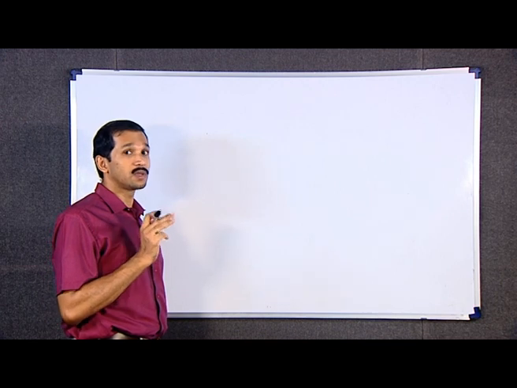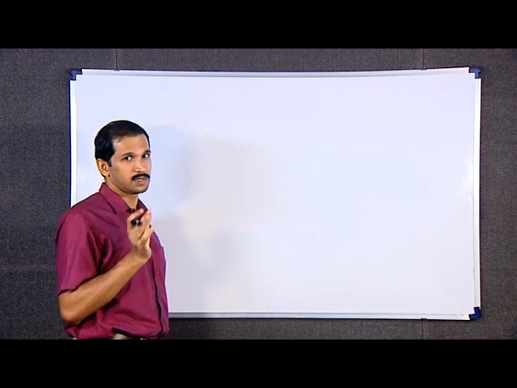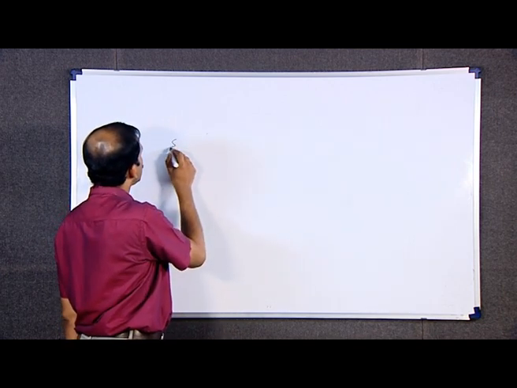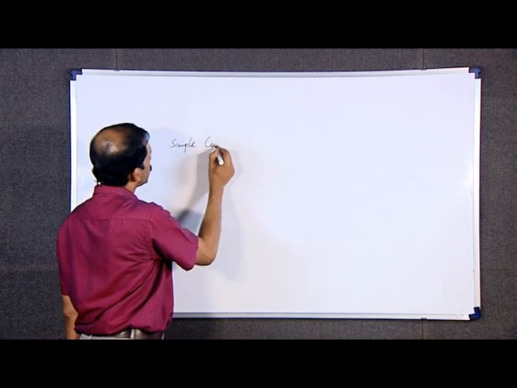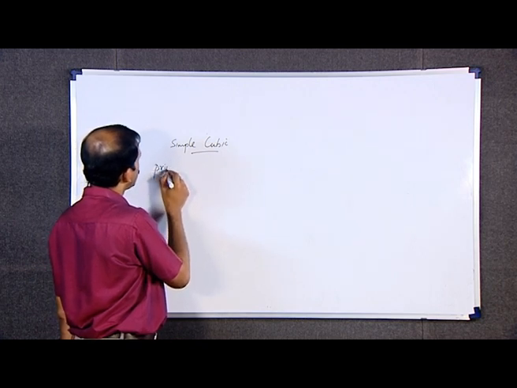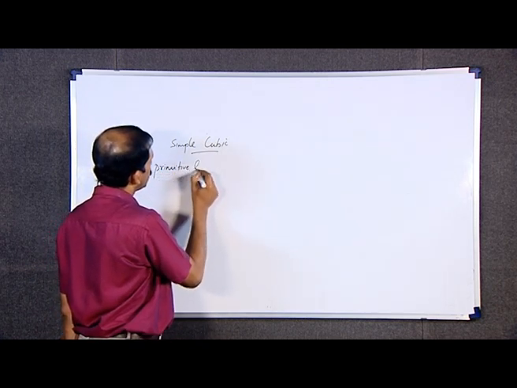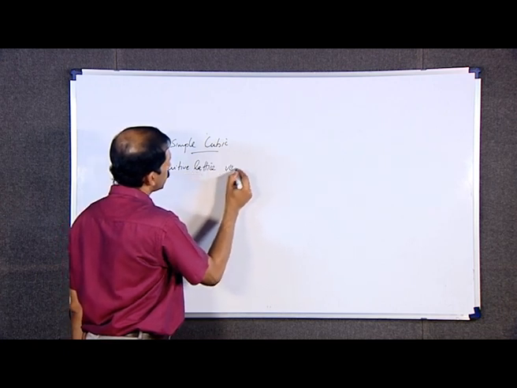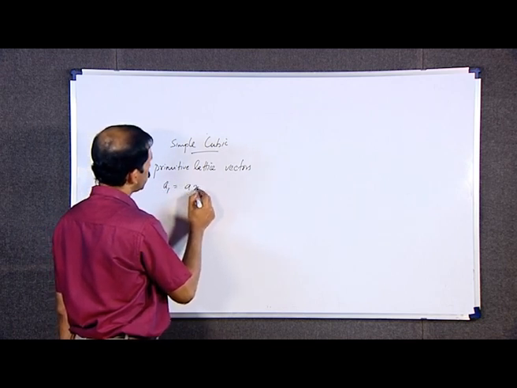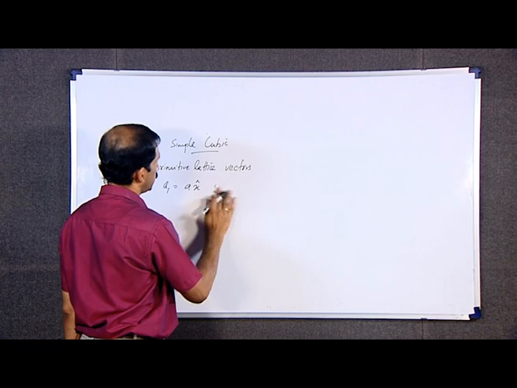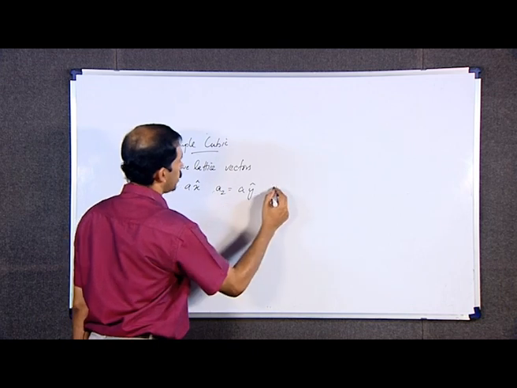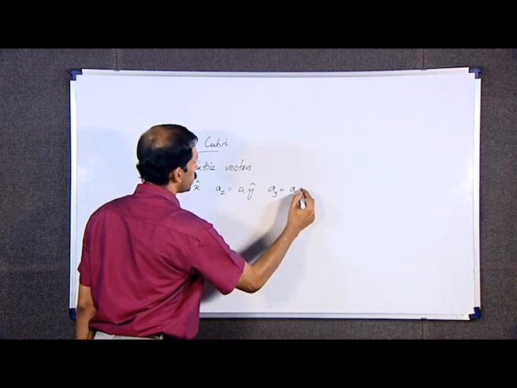We are talking about a1, a2, a3; we have shifted from the a, b, c notation. For a simple cubic, the primitive lattice vectors could be defined as a1 equals a x, a2 equals a y, and a3 equals a z.